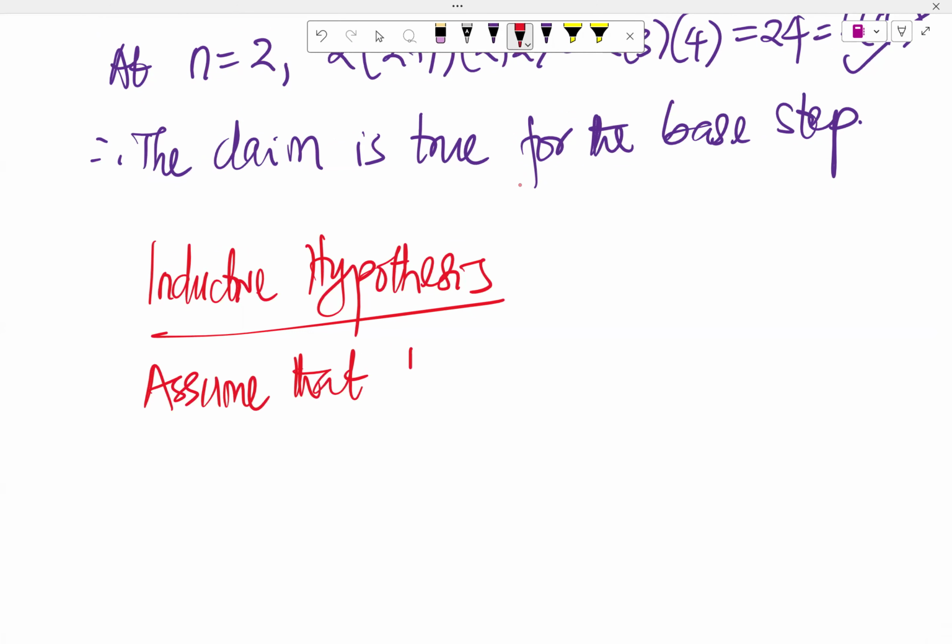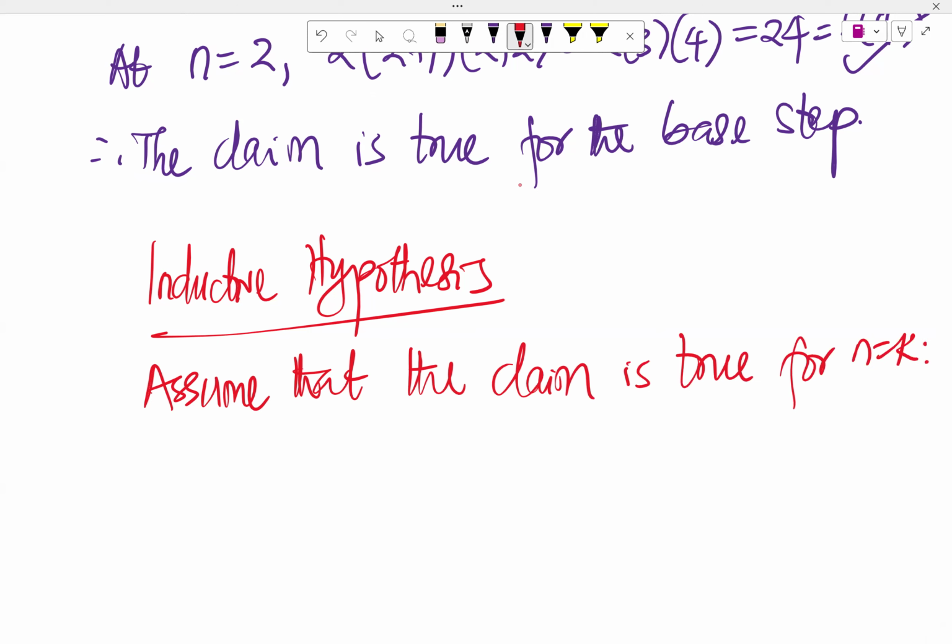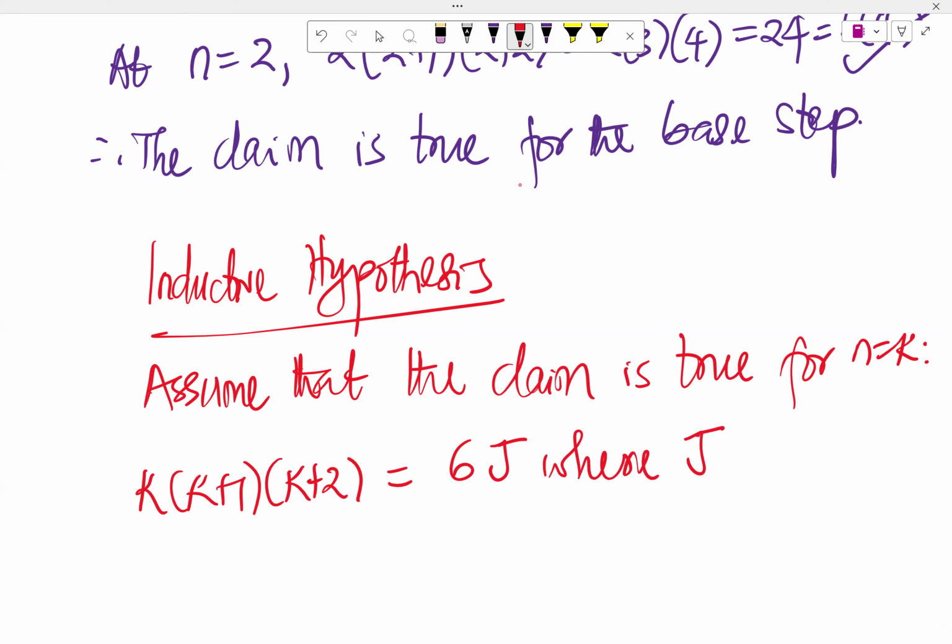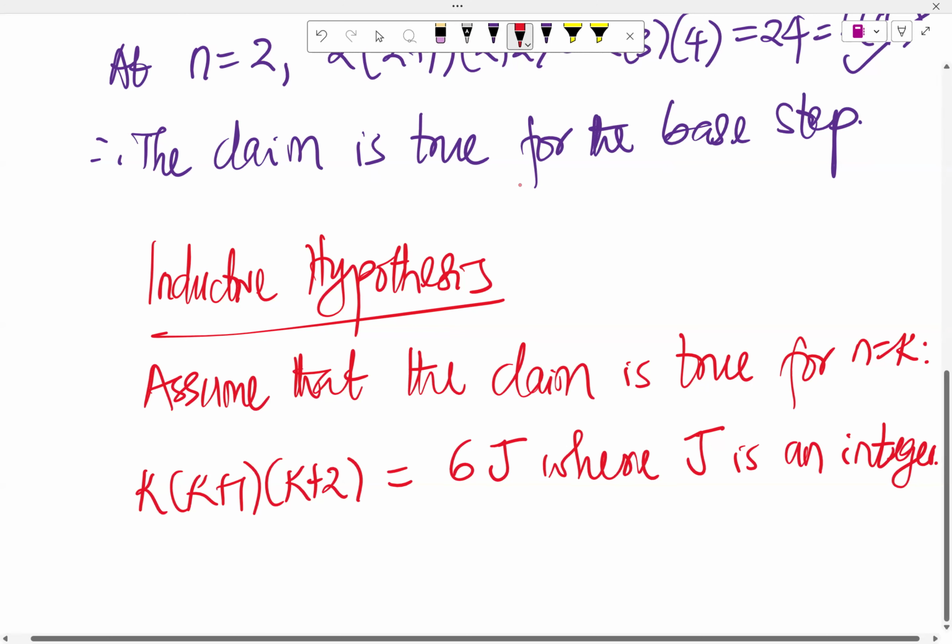That way, it means we are saying that k into k plus 1 into k plus 2 is equal to 6 times anything you choose. Let's say 6 times j, where j is an integer. That's very important. So that's all we can do at this stage.